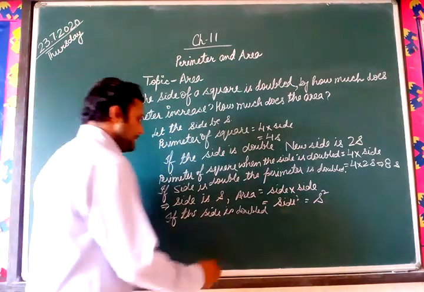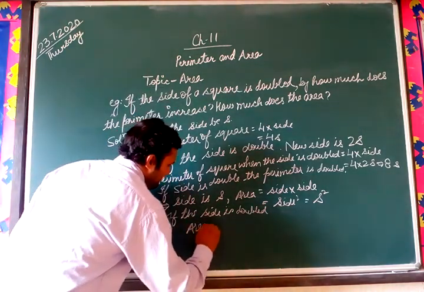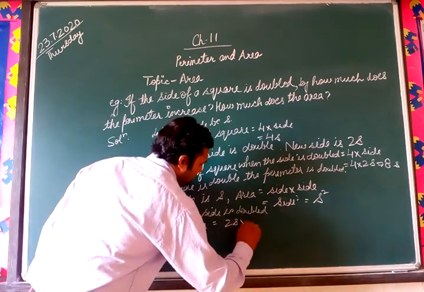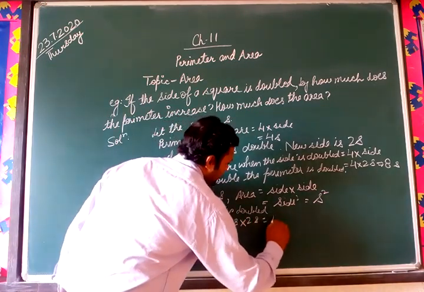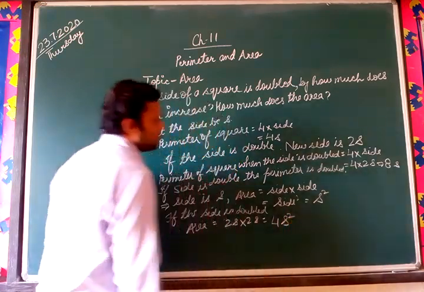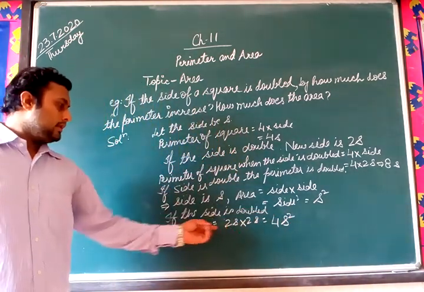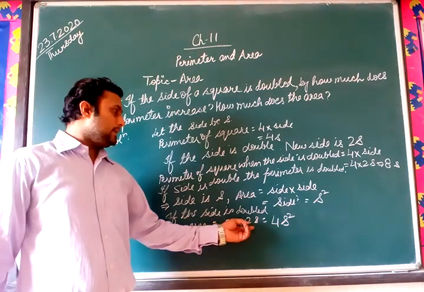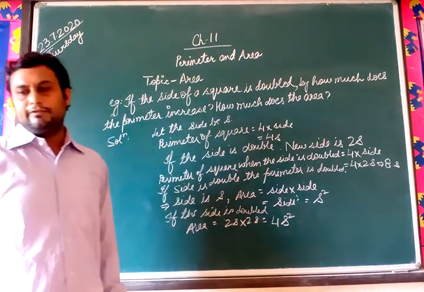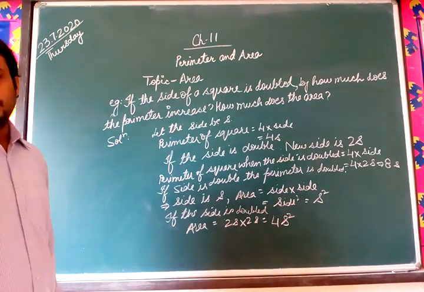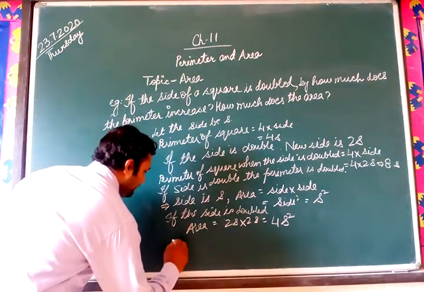The area is 2S multiplied by 2S, which gives you 4S square. If the side is doubled, the side will be 2S, and the area will be 2S multiplied by 2S, which gives you 4S square. So if the side is doubled, the area increases by 4 times.